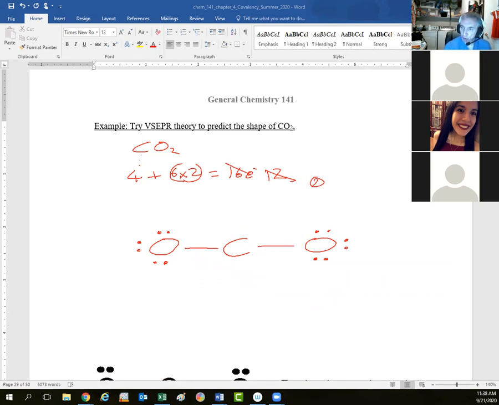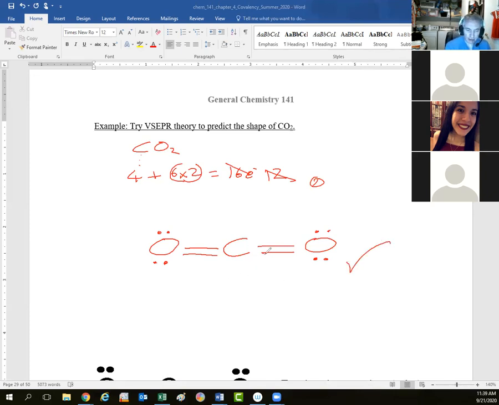So we're going to borrow a lone pair from this oxygen, turn it into a bonding pair. That gives it 2, 4, 6. We'll borrow another lone pair from that other oxygen and create another bonding pair. Now the carbon sees the octet it needs, 2, 4, 6, 8. Shell's complete. We've finished the Lewis structure.